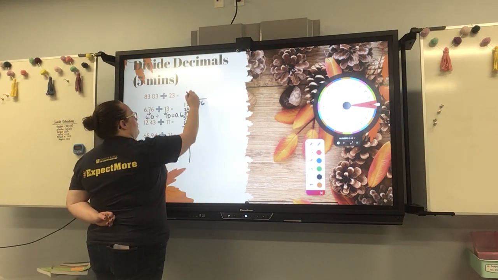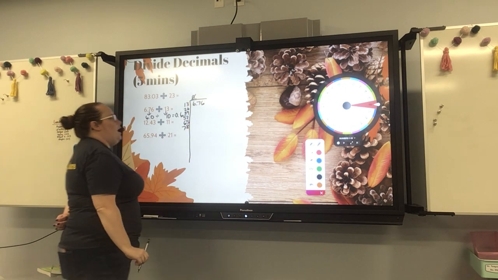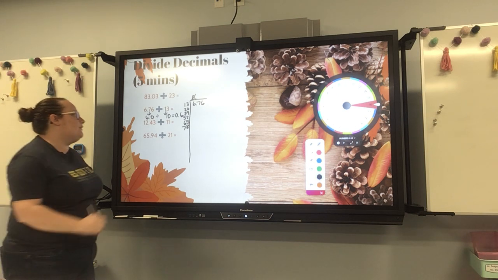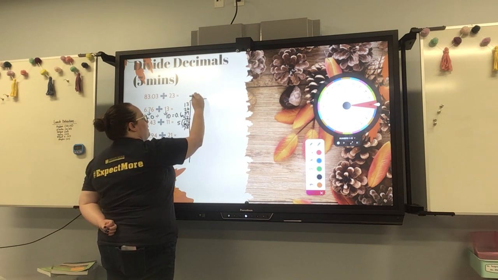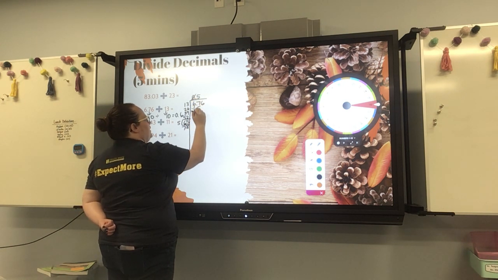So 13 can go into 6 0 times because 6 is too small. How many times can 13 go into 67? 5. The closest number on my list is 65. It's not too big. I'm going to put a 5 in my quotient. Subtract 65. 7 minus 5 is 2. Bring down the 6.